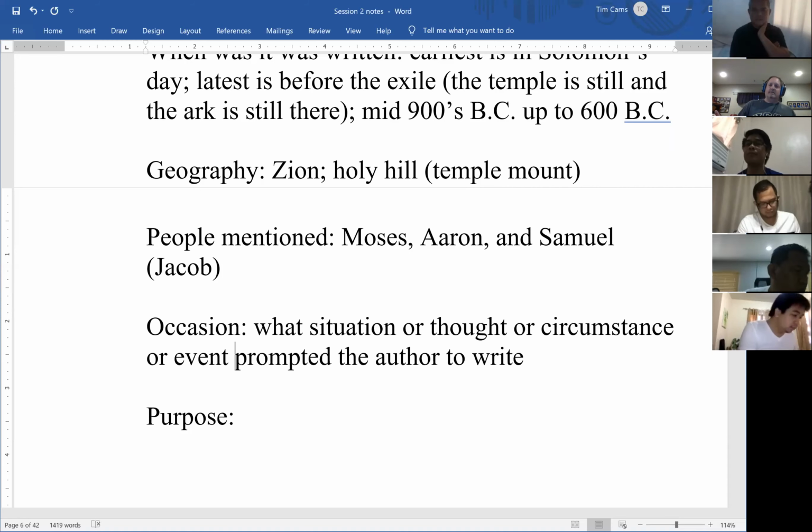What caused him to sit down and write this poem? Certainly we could say the Holy Spirit, who is obviously the key individual involved, but usually there was some event, situation, thought, or idea on the heart of the author that caused him to write it.